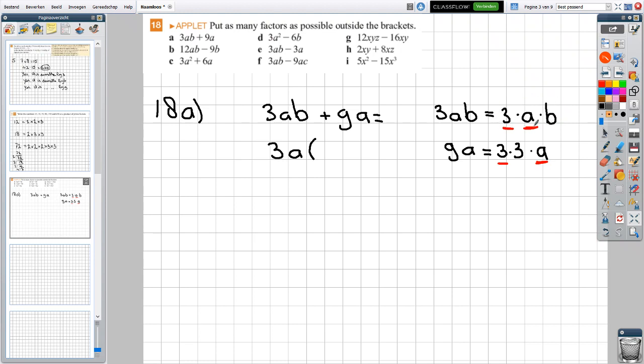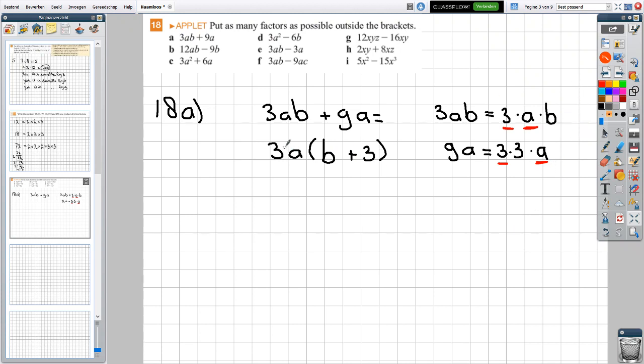What have I left here? Here I am left with only b. So I write down b. Plus, because there's a plus here, what's left here? That's 3. So in this case, I've put 3a outside of my brackets and I write down b plus 3 because that's left here and here.